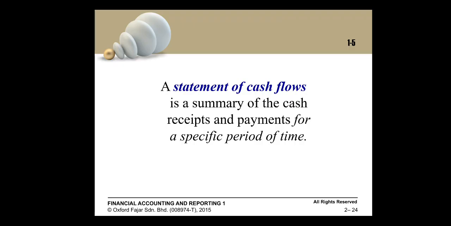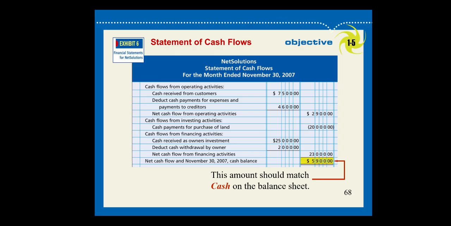Okay, another component of financial statement is the cash flow statement. Cash flow statement shows cash in and cash out that happen to a business in one accounting period. This is an old example, from year 2007.